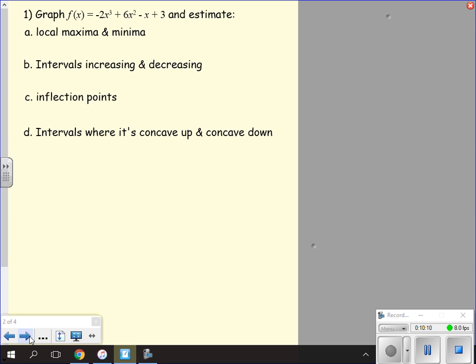So let's take a look at this. Go ahead and grab out your calculators and graph the equation negative 2x cubed plus 6x squared plus x plus 3, and estimate the local maximum and minimum.